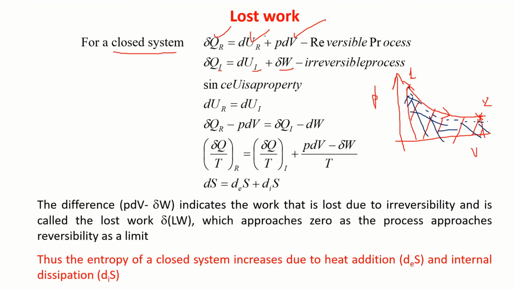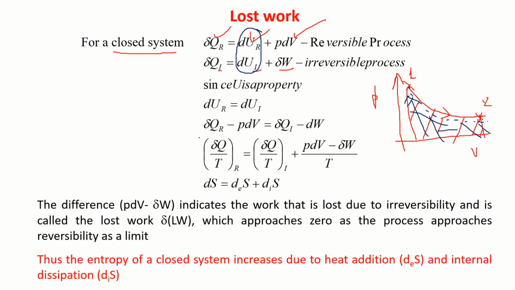Okay, these properties are equal because it all depends on the end state. This one, if you subtract, this can cancel each other. So dQR minus PdV minus dQI minus delta W I can write. Correct?